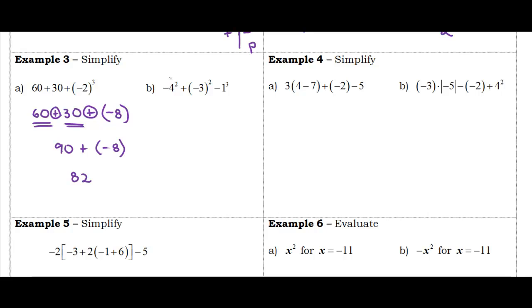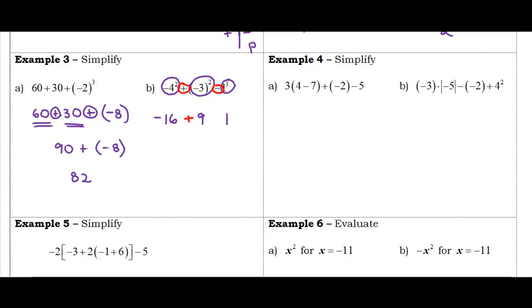Okay, let me start. Let's do it this way. What do I get from this first circle? -16 is correct. What do I get from the second circle? 9. And what do I get from this third circle? 1. We're multiplying 1 times 1 times 1. Okay? Now, in between these groups, we have what?